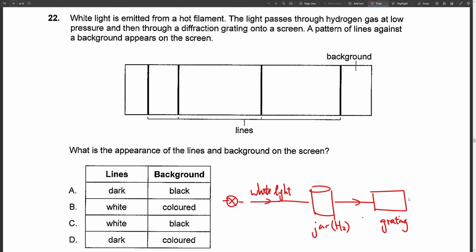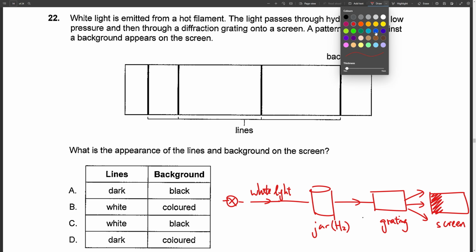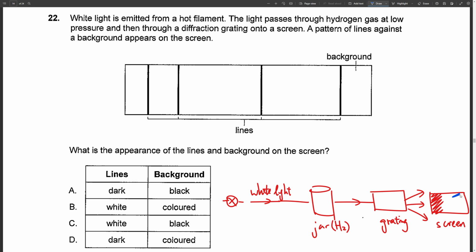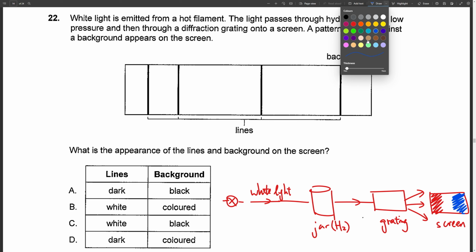And the diffraction grating would cause a diffraction, and these are going to fall onto the screen. Because it begins with white light, after passing through the grating, the screen should be full of color, which means you can see the rainbow spectrum on the screen.